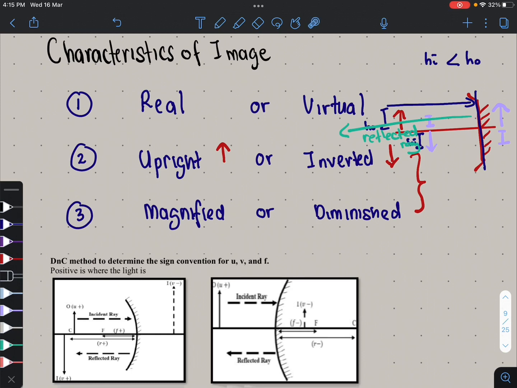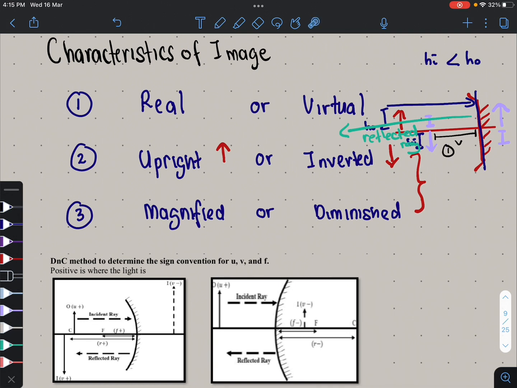So untuk kita tentukan image kita real ataupun virtual, kita kena compare your reflected ray ini dengan jarak image yang kita dapat ataupun kedudukan image kita. Okay, so your image untuk first case ini, where you have your image being formed in this particular distance from the mirror. Ini adalah yang pertama yang kita nak kaji.